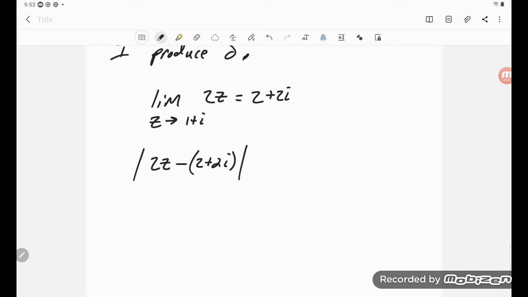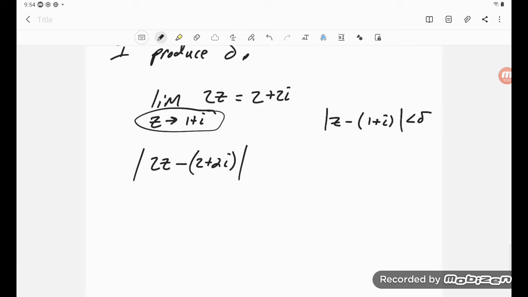Now what we need to get to, remember, is something that looks like z minus 1 plus i, because that is what we need to make less than delta.